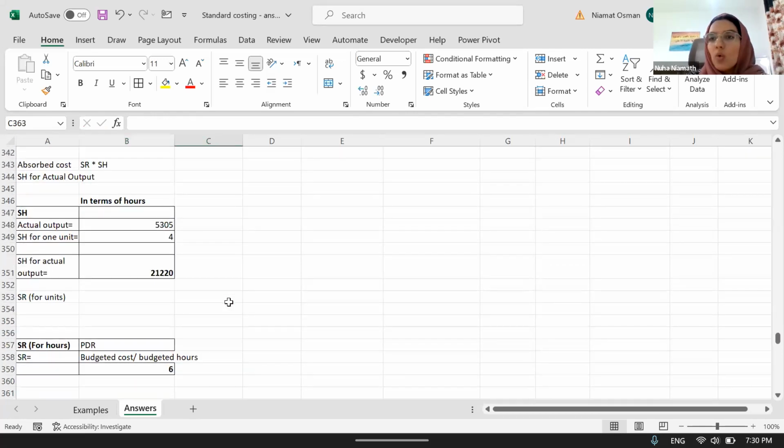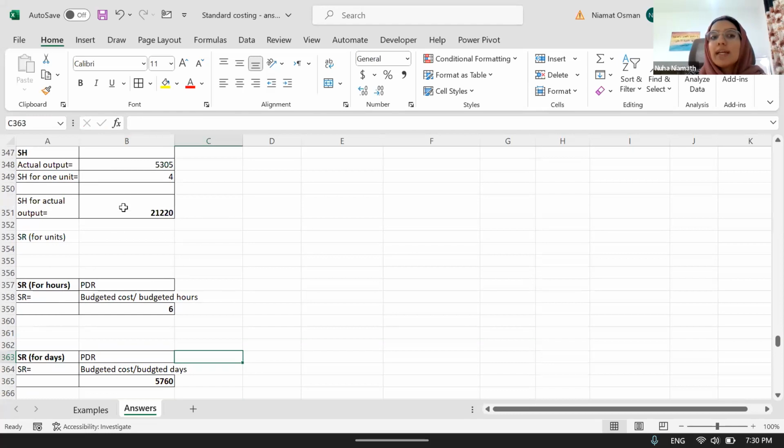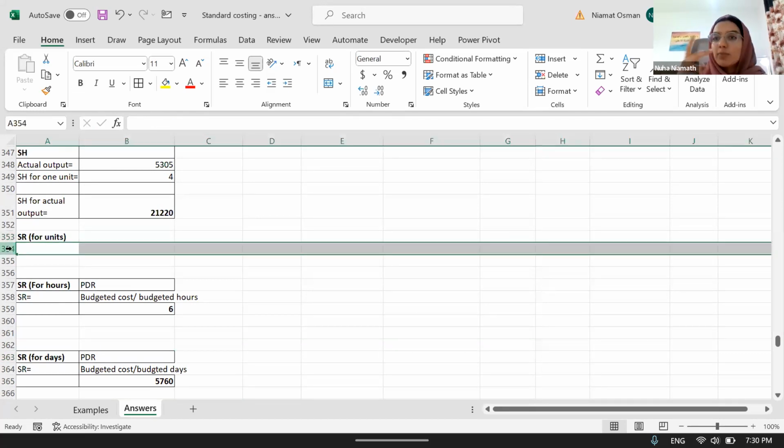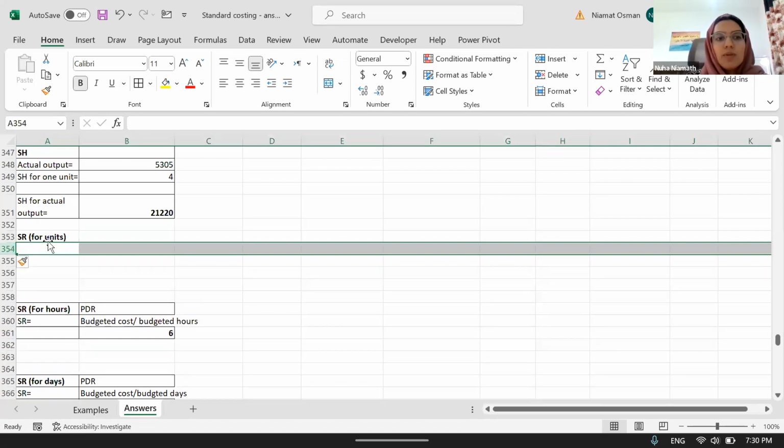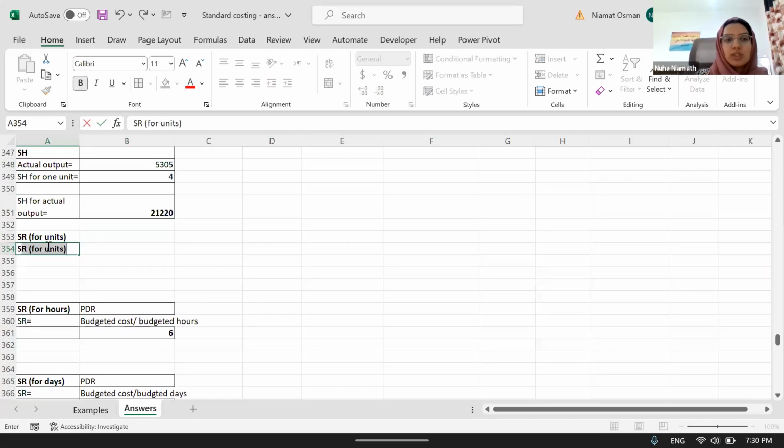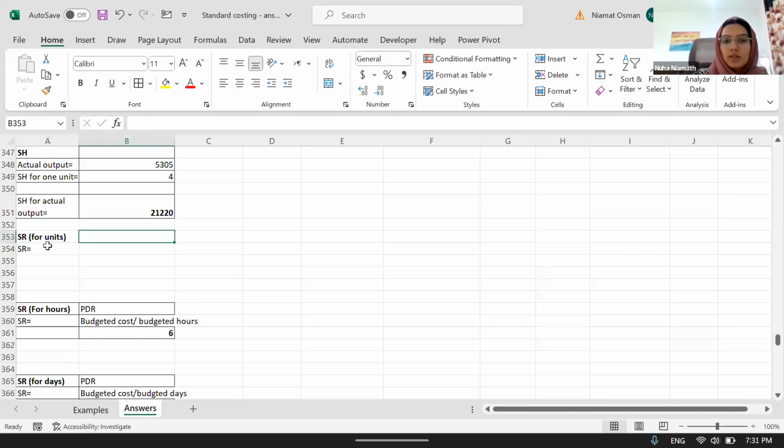So you see how over here for absorbed cost, I have kind of skipped the standard rate for units. Why? Because we are utilizing standard hours. But you know what? Let's calculate for units also so that we can see the difference. We can calculate absorbed cost on both the bases. Okay. Now tell me, how will we calculate standard rates on the basis of units? Tell me, what's the formula here?